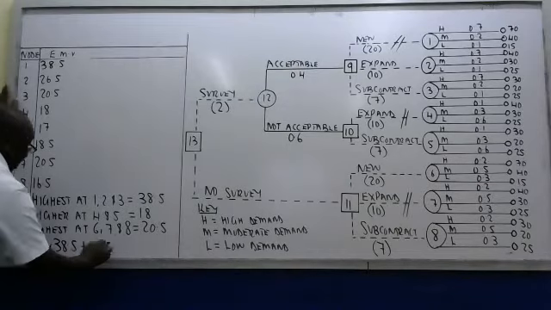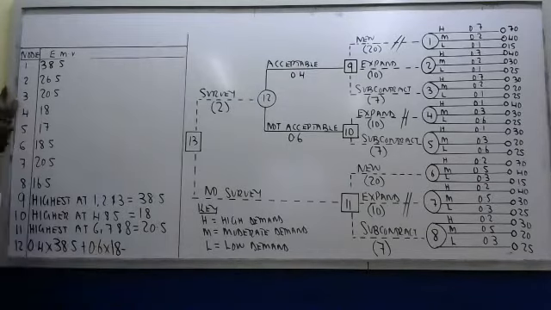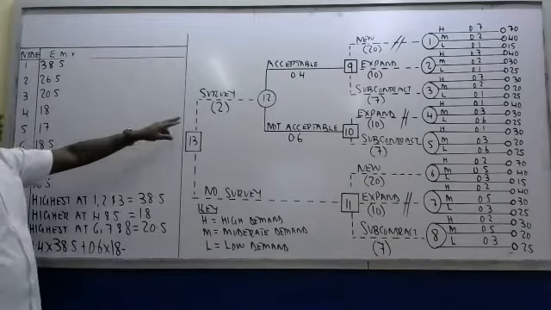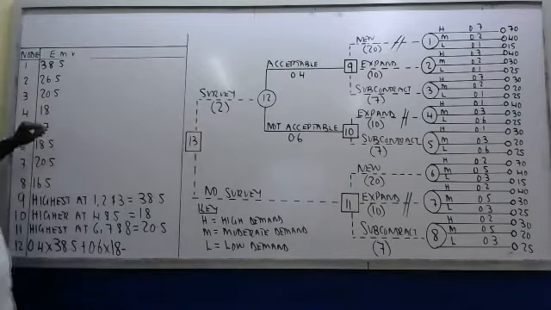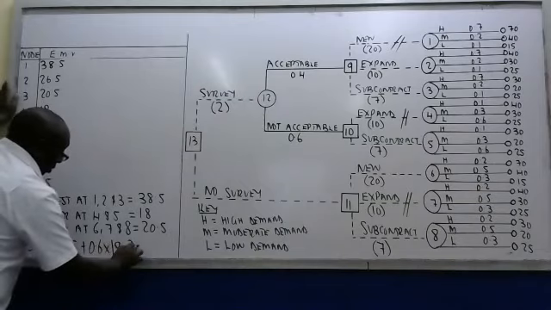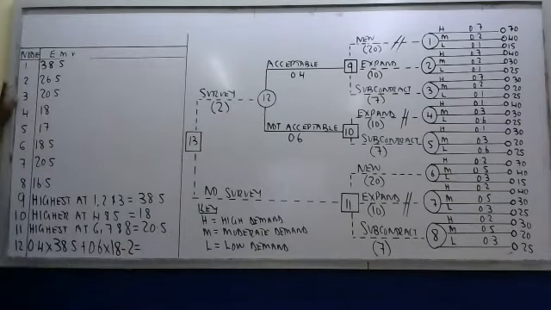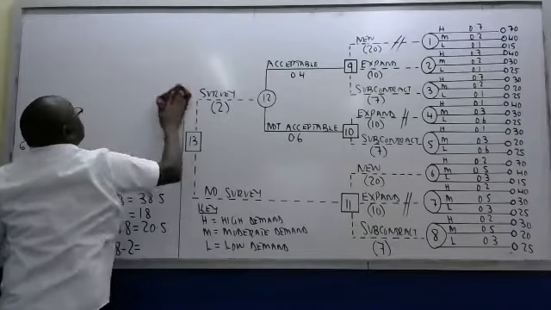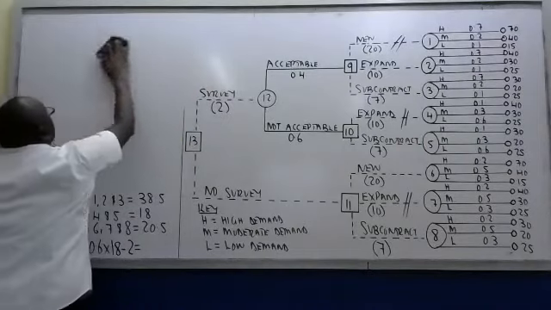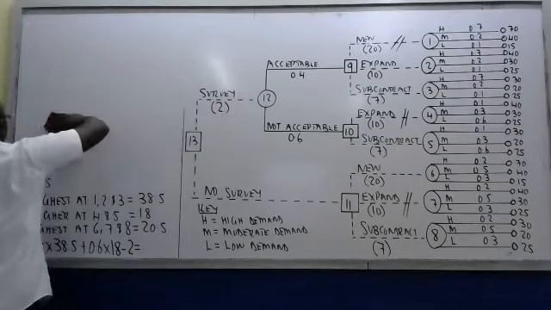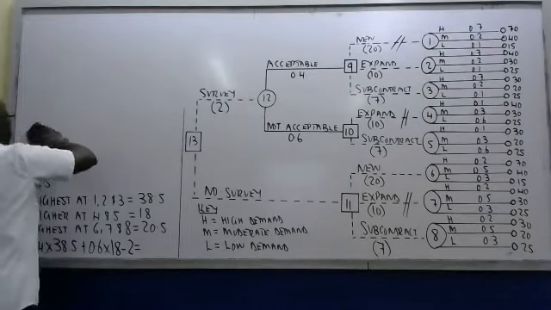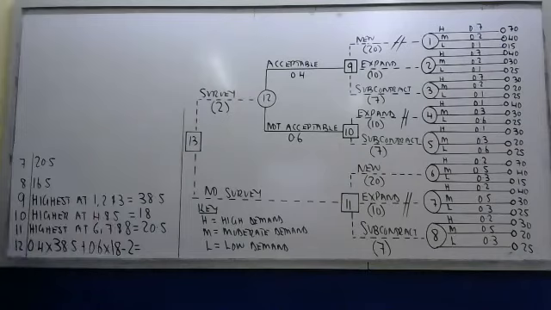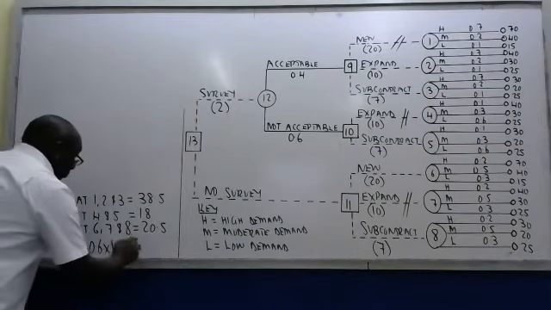Number 10, we have 18. And then you less this cost here, which is 2. So when you do that, tell me what is the answer. $24.2.